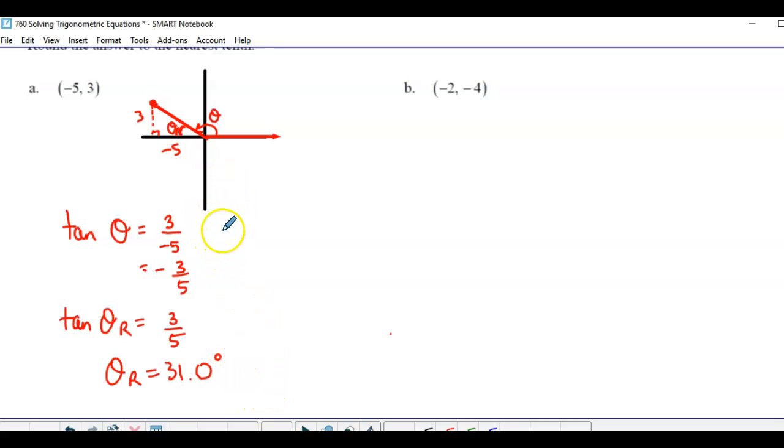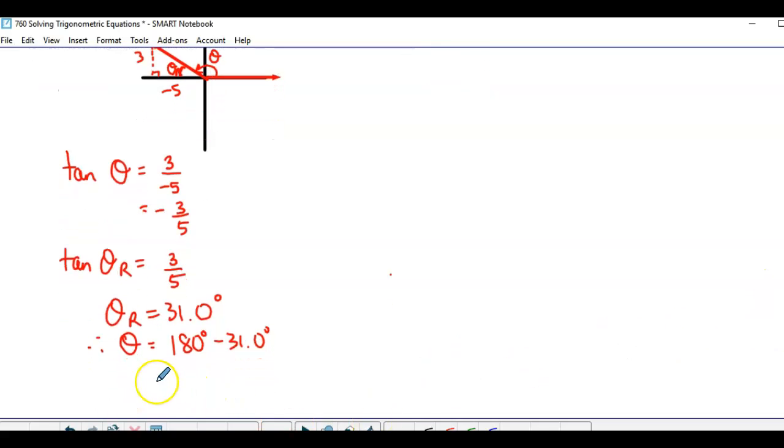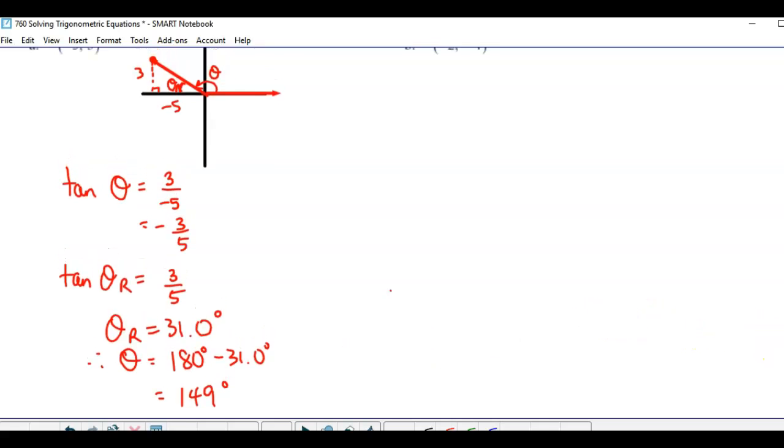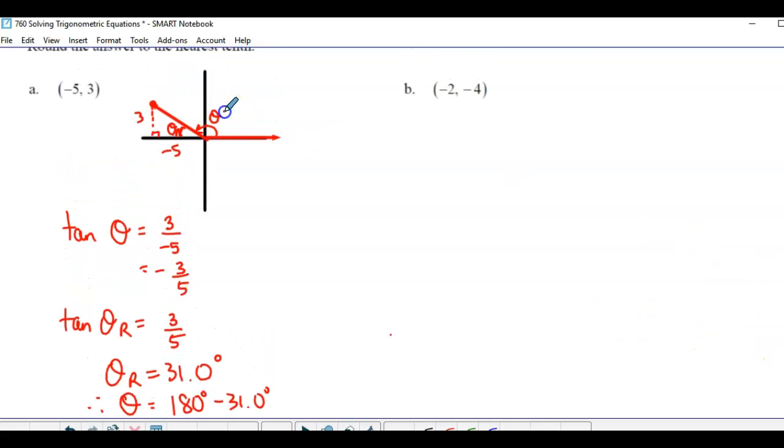So normally we'd get two angles between 0 and 360, but there's only one here. It's in the second quadrant. So therefore, theta is 180 minus that 31.0. So what is that? 149 degrees, I should say.